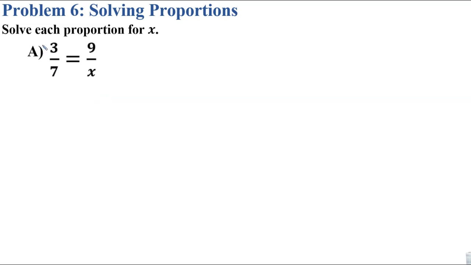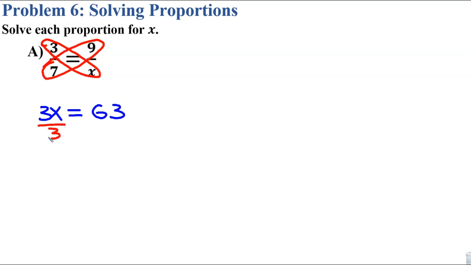So my first cross product is going to be 3 times x, which we can just write as 3x. And that's going to be equal to the other cross product, 7 times 9, in other words, 63. Cross multiply, then just divide.